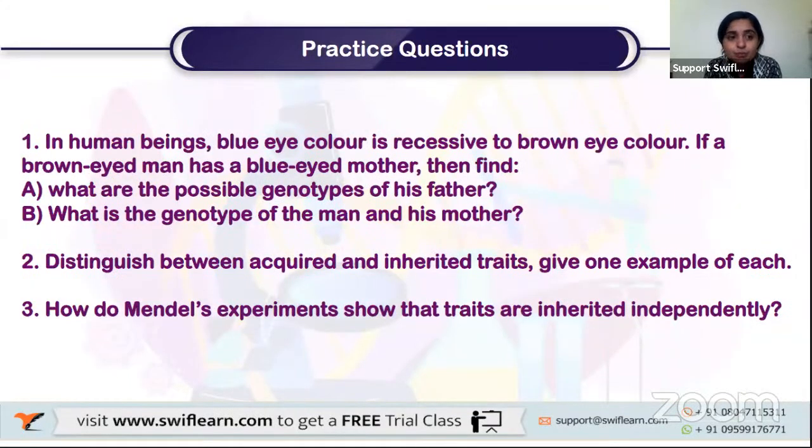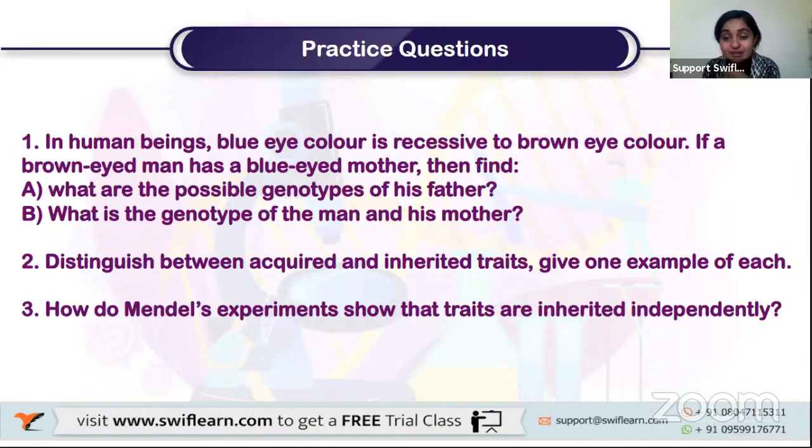Now, we have a few more practice questions. Let us do them together as well. The first question talks about a human being, where blue eye color is recessive to brown eye color. If a brown-eyed man has a blue-eyed mother, then find the possible genotypes of his father.